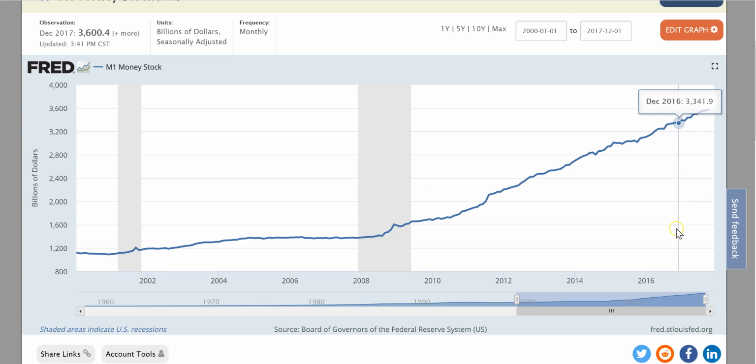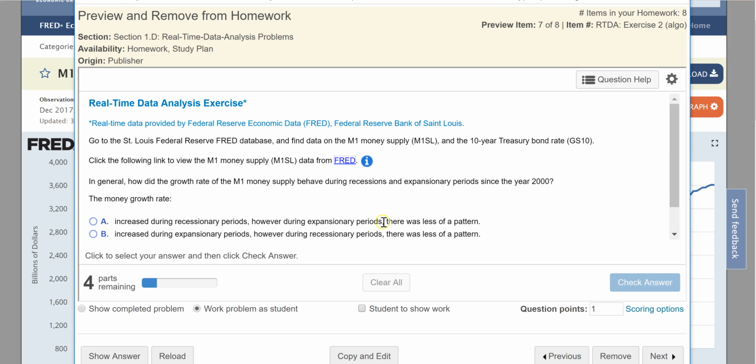If you read this carefully, the question asks how did the growth rate behave. But the data here directly gives us the M1 money supply, which is the level, while the question asks about the growth rate.